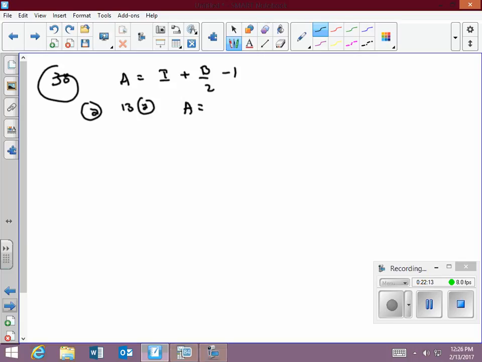How many interior points are there? Is there 0 interior points?